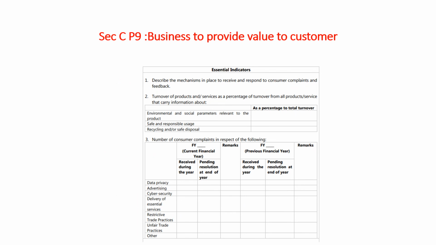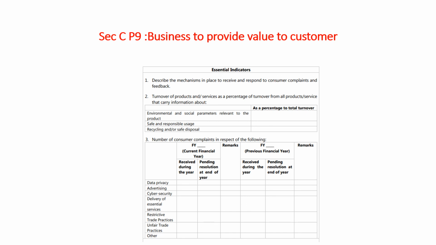And this is essentially the indicator of the last principle, principle number 9, which is for business to provide value to the customer. This is all about customer value. Okay. Describe the mechanism in place to receive and respond to consumer complaints. Turnover of the products, services as a percentage of turnover from all the products. Environmental and social parameters relevant to the product. Safe and responsible usage, recycling and safe disposal.